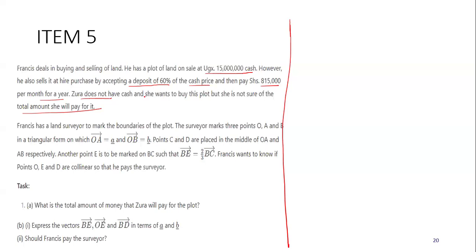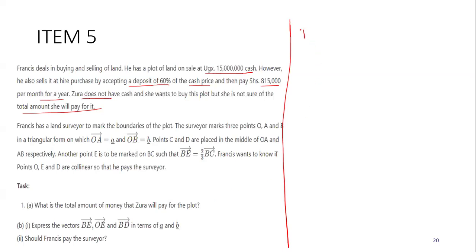So when you are responding to the task, you must be able to point out that the problem has been solved and you have found out how much Zula must pay for that particular piece of land. So we are now attempting part A, the total amount that Zula will pay for that plot.